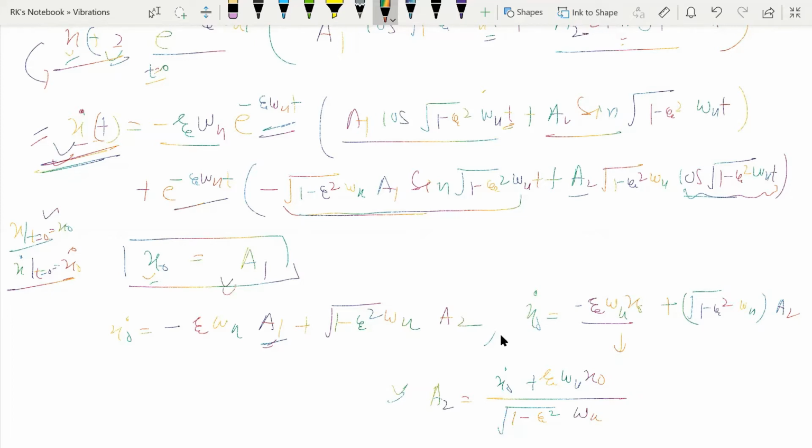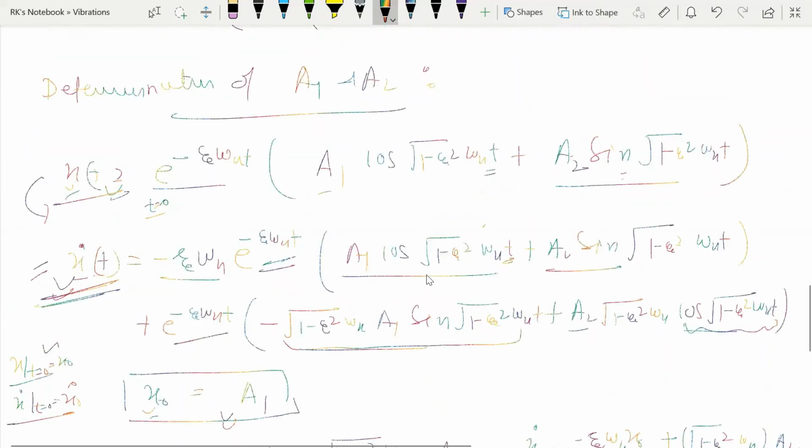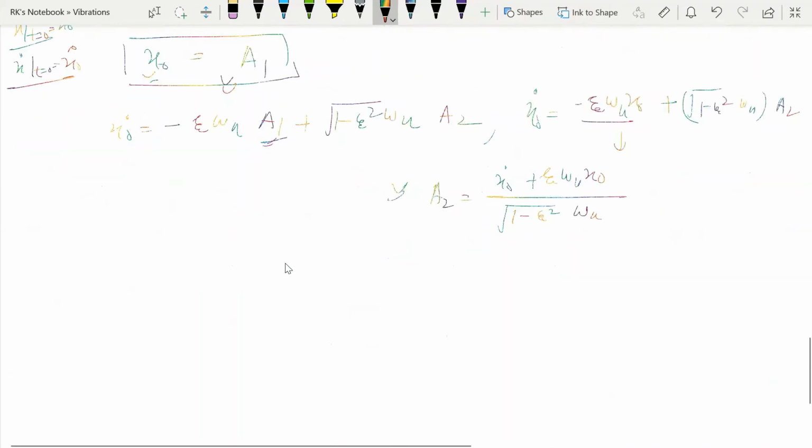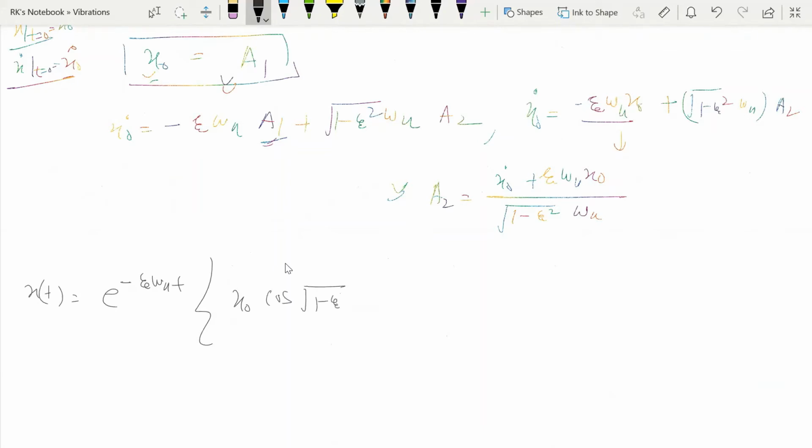Now we can write the complete solution. At the place of A1 and A2, we'll write these values. So the complete solution becomes x(t) equals e^(−ζωn t). At the place of A1, we'll write x naught times cos(√(1−ζ²) ωn t).